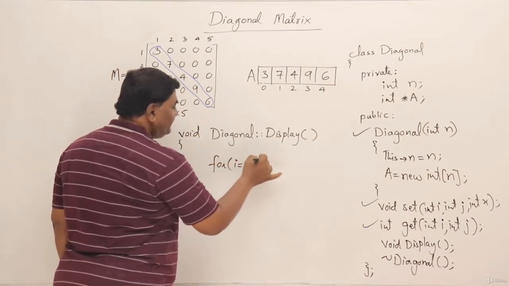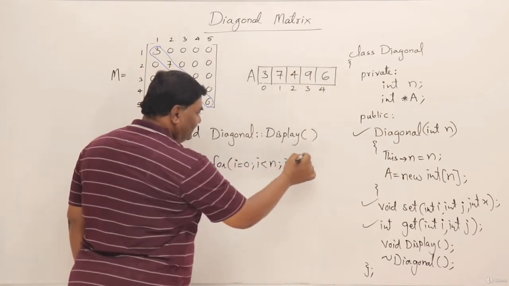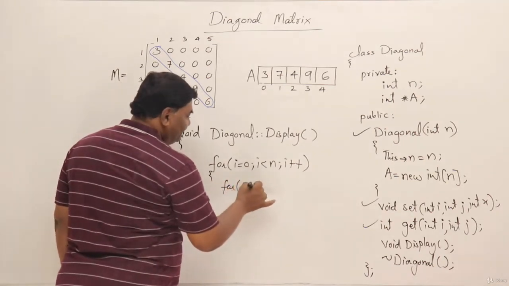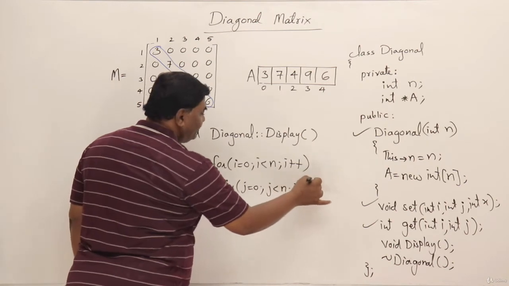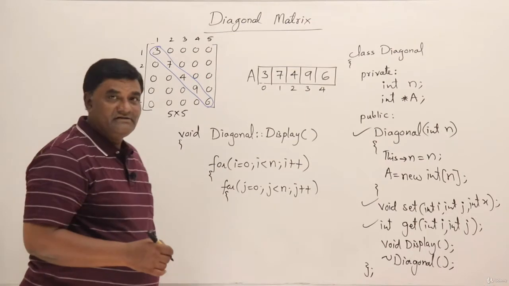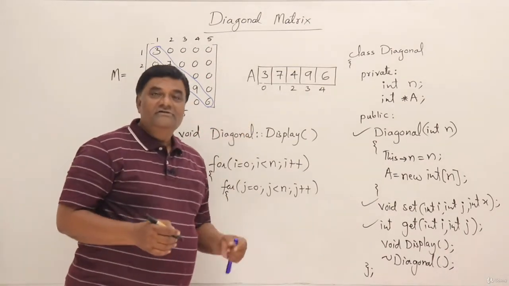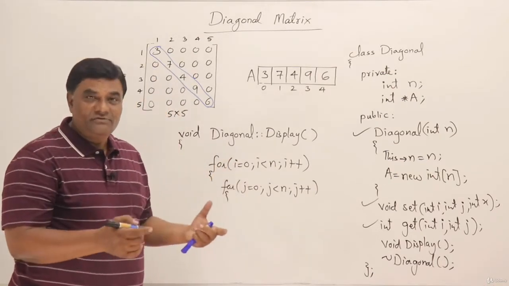For i assign 0, i is less than n, i plus plus, and for j assign 0, j is less than n, j plus plus. Then I have to display the elements. But how many elements do I have? Only diagonal elements are present in the array. So I should display the element if i is equal to j.